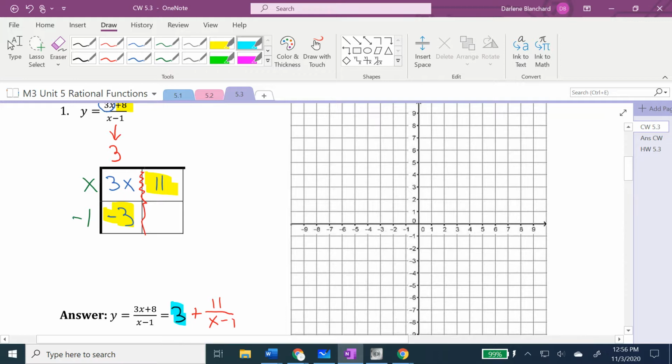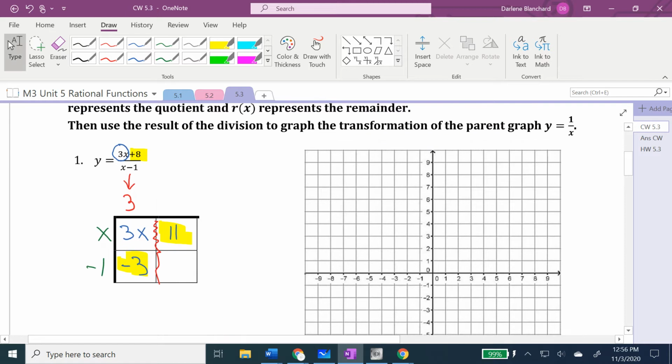This 3 is coming about because I had to figure out what I needed to multiply this x by to get, let's see if I can color code this a bit, in order to get this 3x. And I found that I needed to multiply this x by 3 to get the 3x, and that is literally the entire quotient.